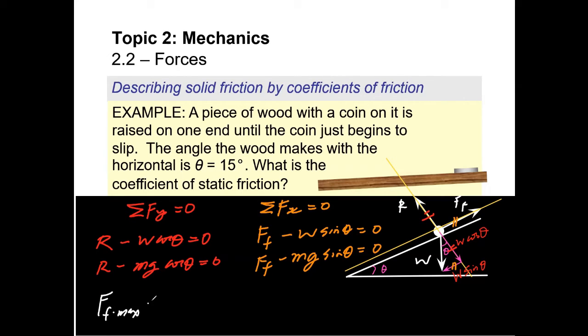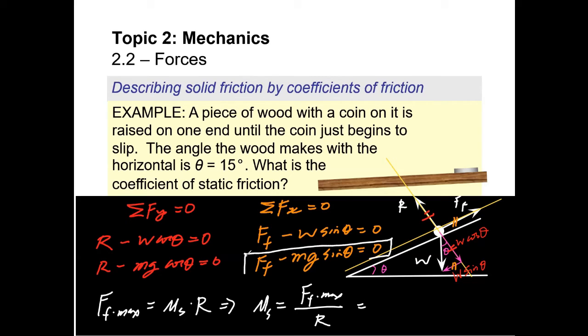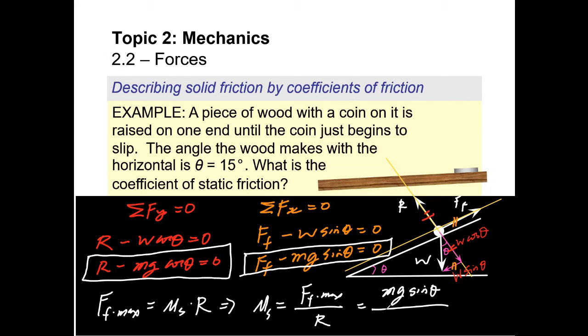Maximum static friction equals the coefficient of static friction times the reaction force, and from here the coefficient of static friction equals F max divided by R. The friction force is mg sine theta, and R equals mg cosine theta, and the mg's cancel out.